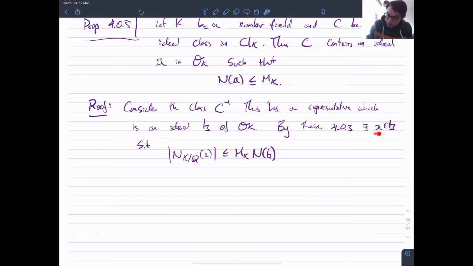So I can find some element in my ideal such that its norm is less than the Minkowski bound times the norm of B. So if I set A to be B inverse times the ideal generated by X, then if you think about this, this is in the same class as C.